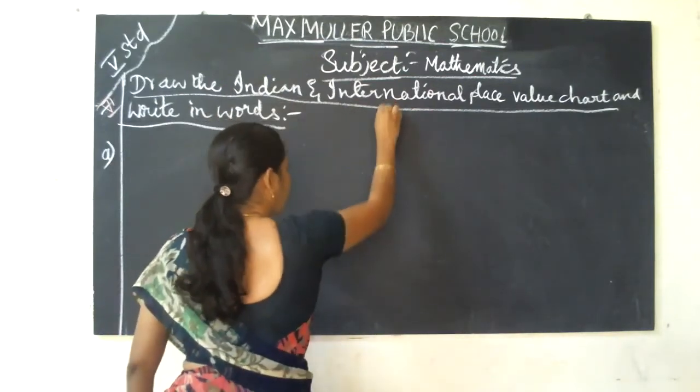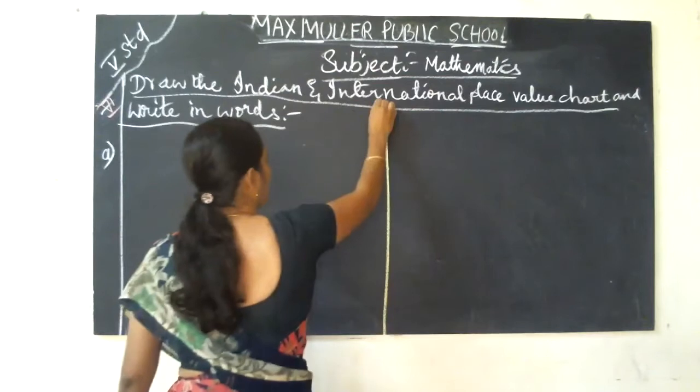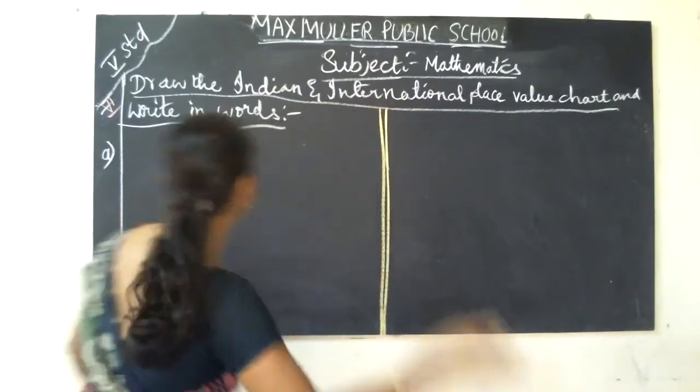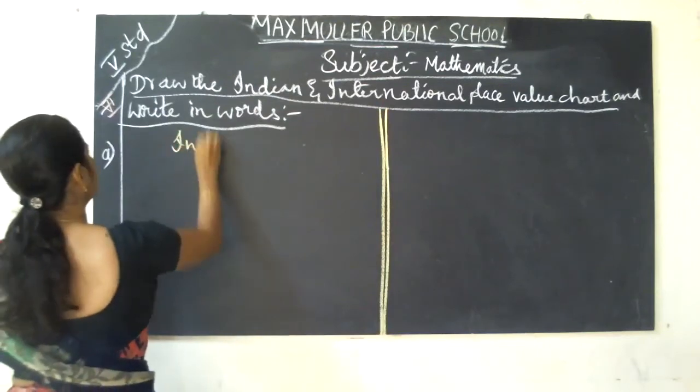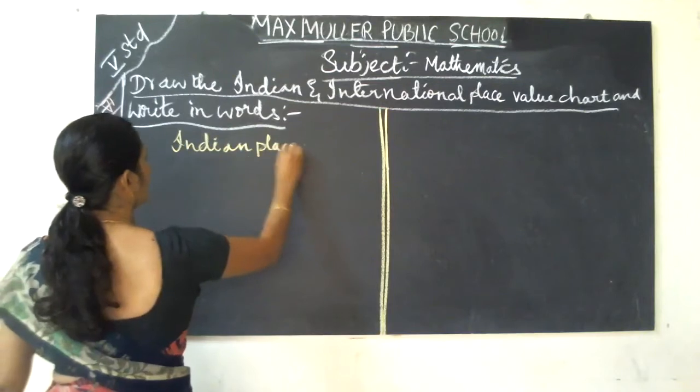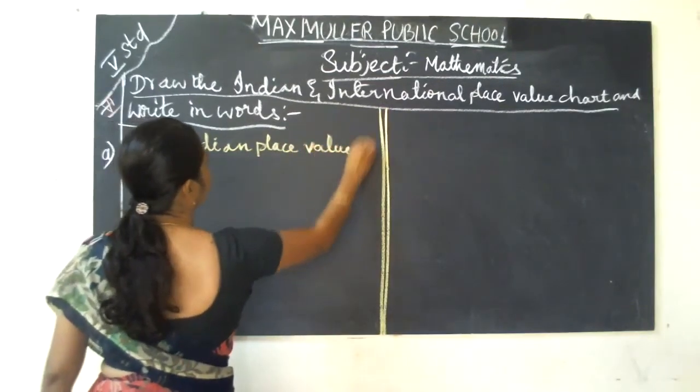So I am dividing the board into two halves. One side Indian and another side international. Indian place value chart.